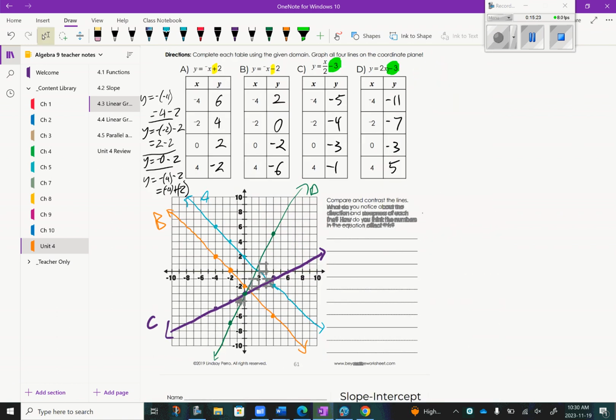Then they're asking you to compare and contrast the lines. What do you notice about the direction and the steepness of each line? How do you think the numbers in the equation affect this? Well, hopefully we can agree that for A and B, they're parallel.